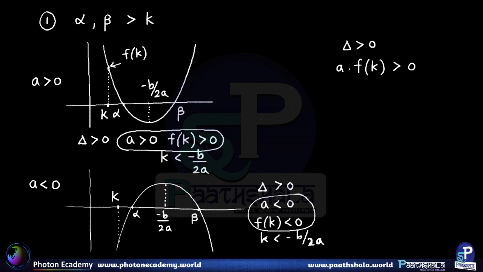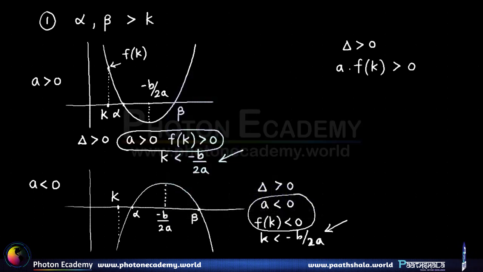And lastly, if you observe the last condition, we see that k has to be less than minus b by 2a. So that is also common in both of them. So we have the third condition, that k should be less than minus b by 2a.